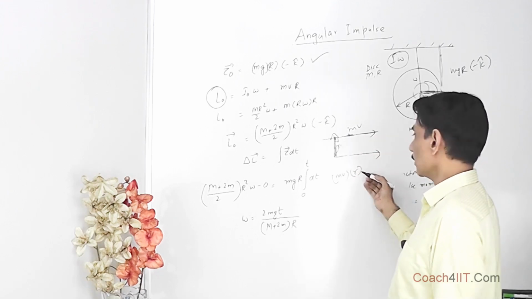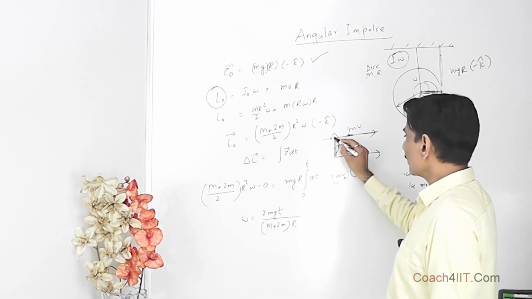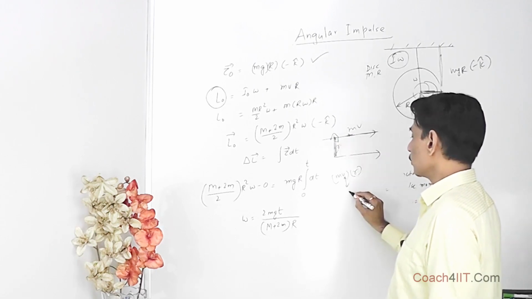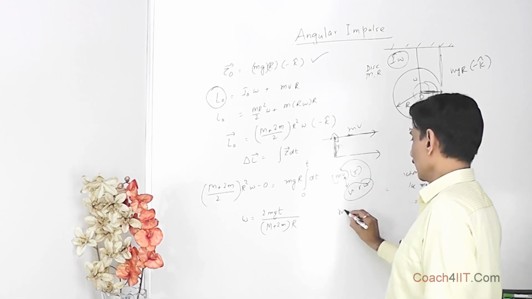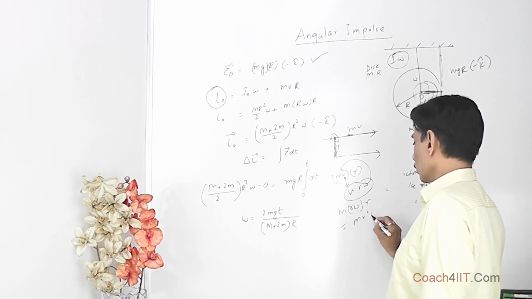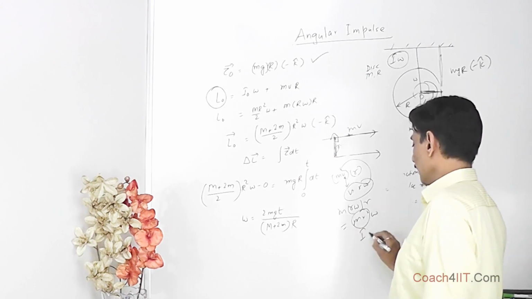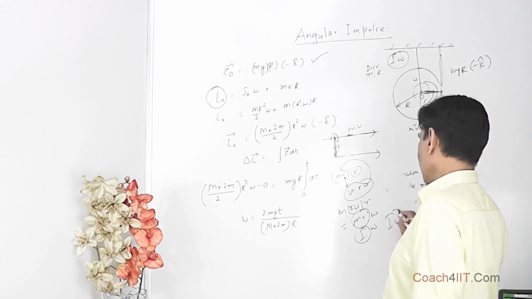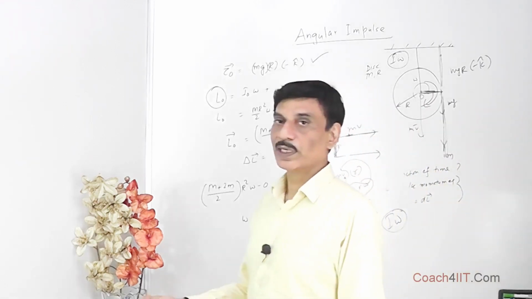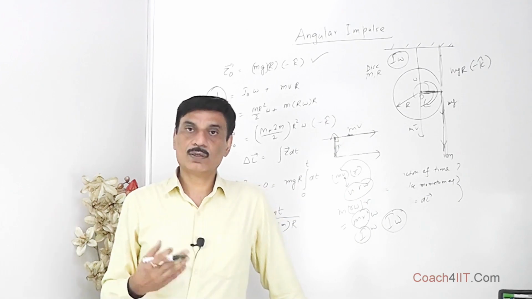At this instant, v can be replaced by v is equal to R omega. So we get mR omega into R, that is mR squared omega. This is I of the particle about this axis, so once again it comes out to be I omega. So angular momentum is I omega or R cross mv, one and the same thing.